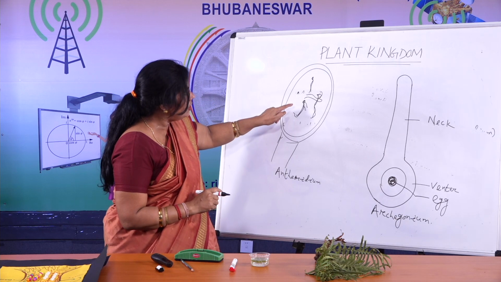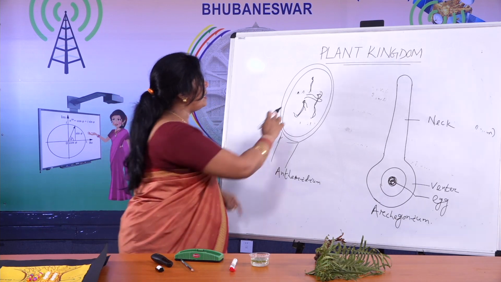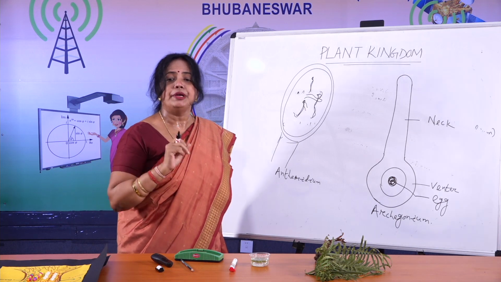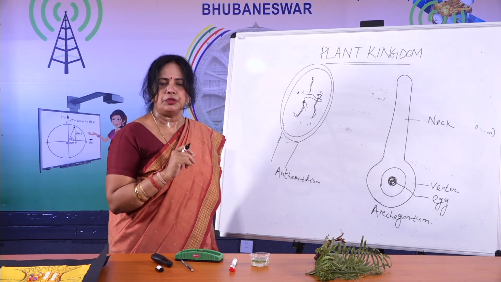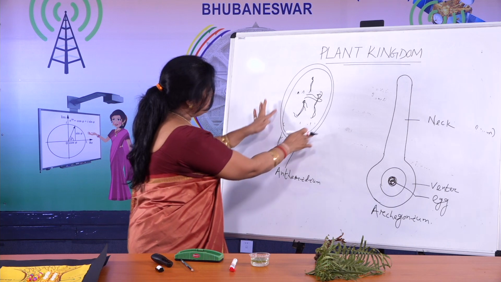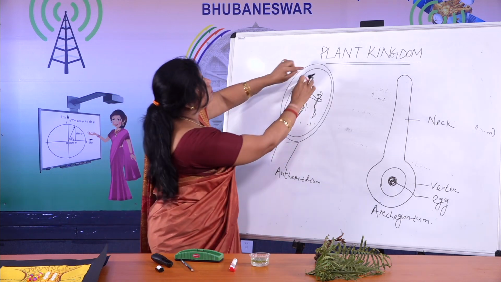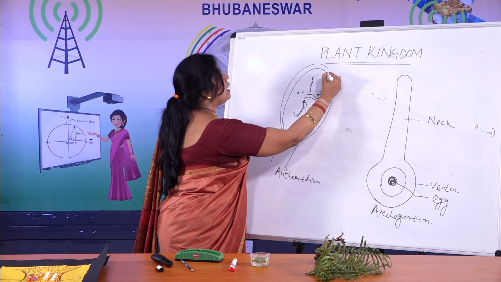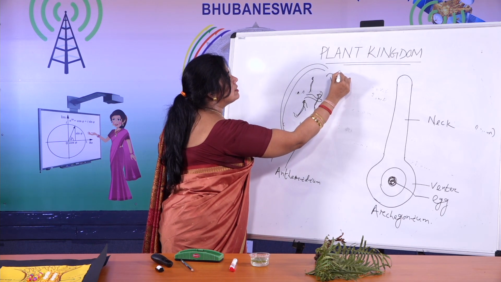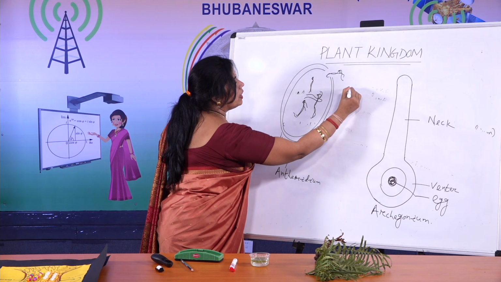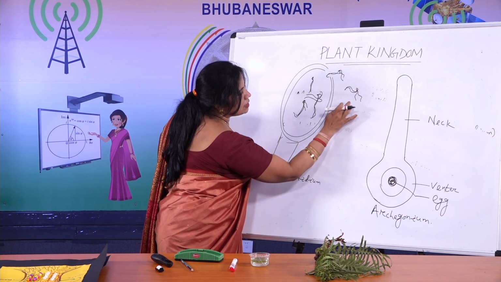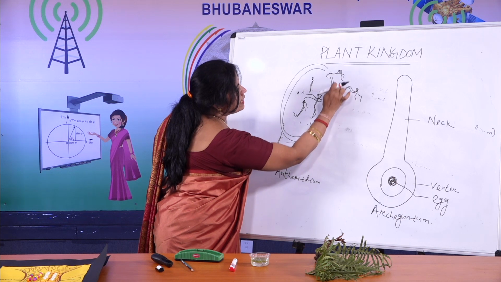So, how do the antherozoids or the male gametes reach the egg? For that, they need a medium, that is the aquatic medium. When the antheridium matures, this wall will rupture. It will break, and the antherozoids are released. And you see, these are the flagella.